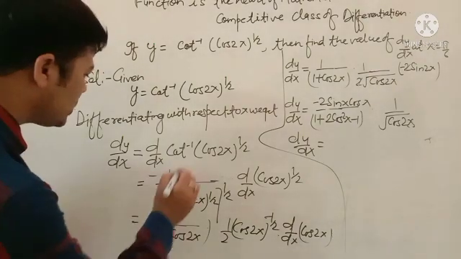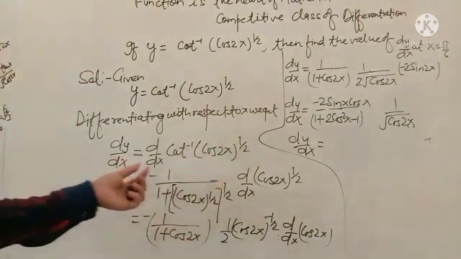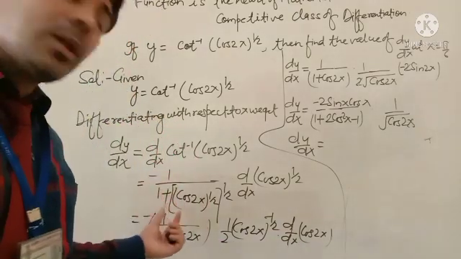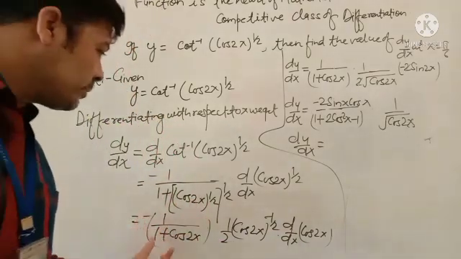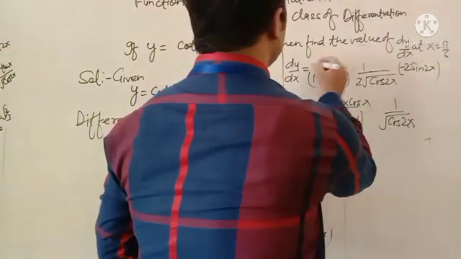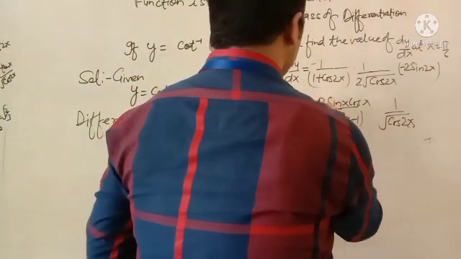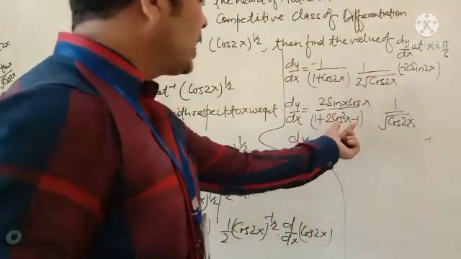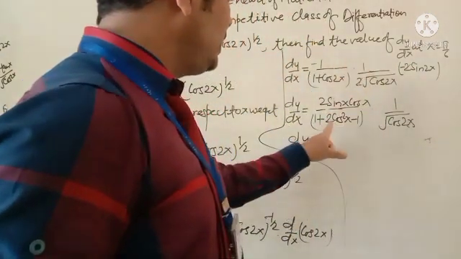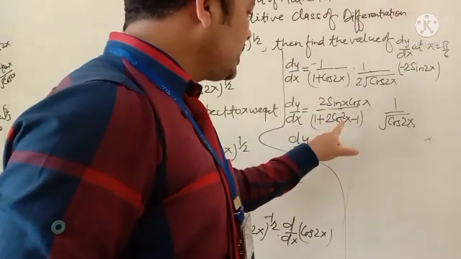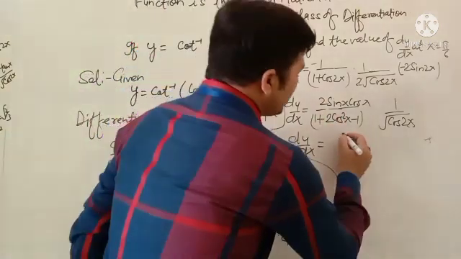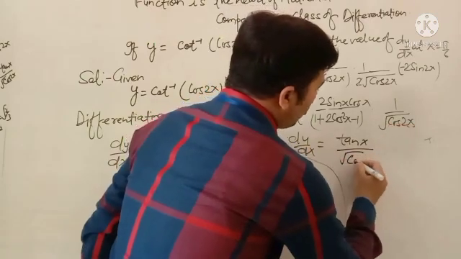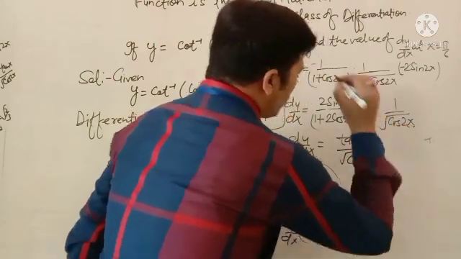Here it is minus, because d by dx of cot inverse x gives minus 1 upon 1 plus x square, and here it is also minus, and minus makes it plus. Here cos x cancels and 2 cancels. Sin x upon cos x gives tan x, so this is tan x upon root cos 2x.